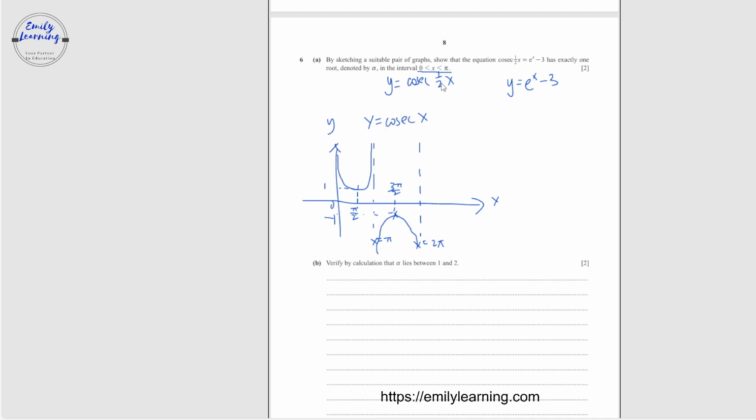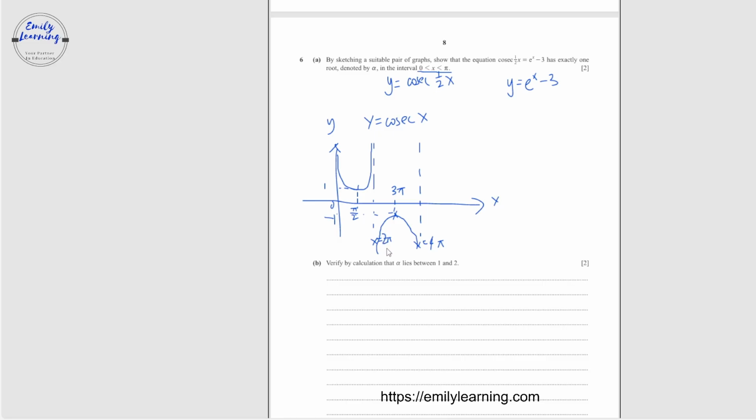Now what happens when it is cosecant half x? Well, we are going to stretch it by 2 units along the x-axis. So in other words, all these x values here will be times 2. So instead of 2 pi, this asymptote will be at x equals 4 pi. Instead of 3 pi over 2 at this maximum point, now it occurs at 3 pi.